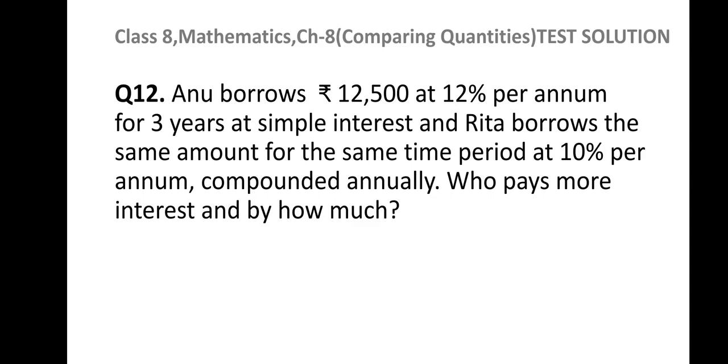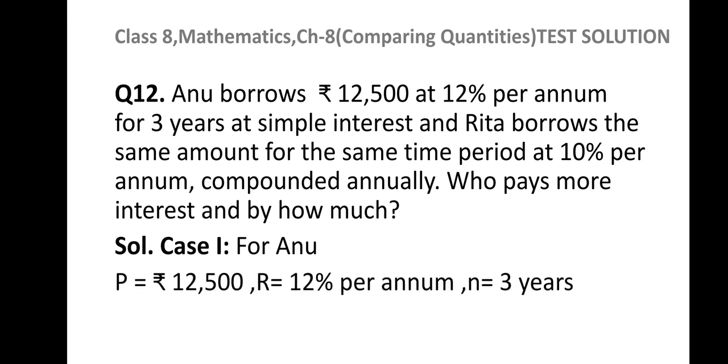Principal is given to us, rate percent is given to us, and time is given to us. So first of all, we need to divide this question into two cases. Case 1, I am taking it for Anu. Principal is 12,500, rate is 12% per annum, n is equal to 3 years, and we need to find the simple interest.